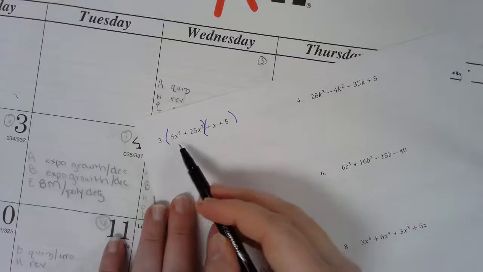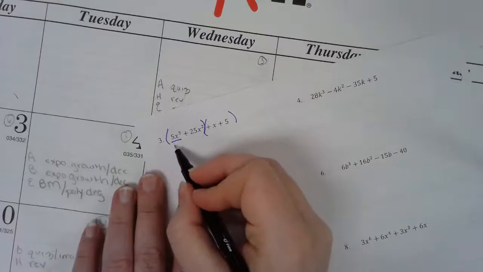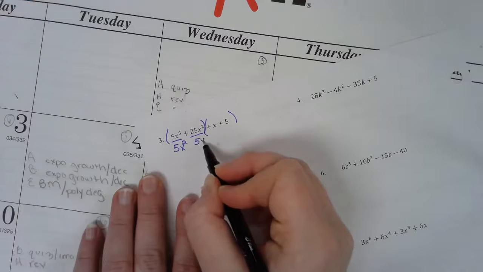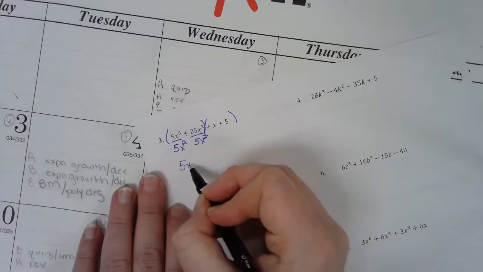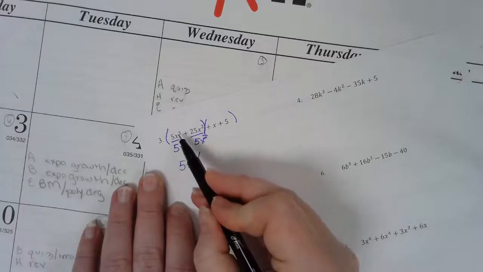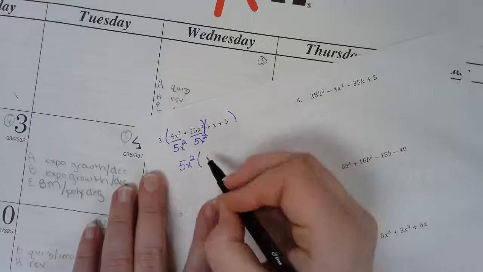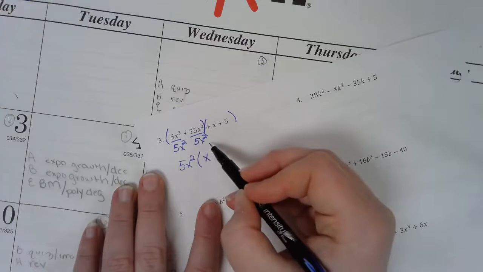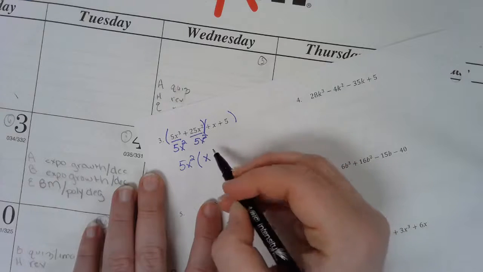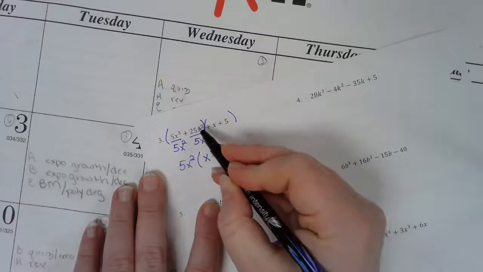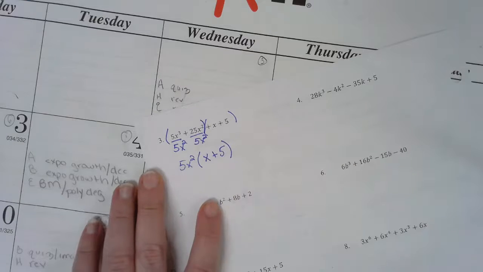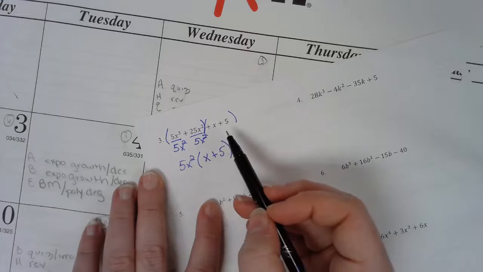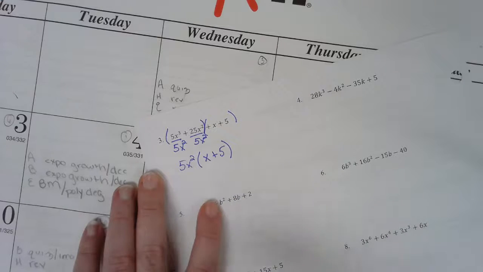My GCF here would be 5x squared. So I put the 5x squared out front. 5x cubed divided by 5x squared is just an x. 25x squared divided by 5x squared, 25 divided by 5 is 5. That x squared just simplifies to 1, so it goes away. The GCF of x and 5 is just 1.